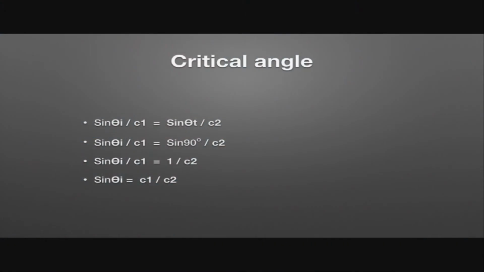To determine exactly what that critical angle is, we're going to use Snell's law again, and change it around a bit so that the sine of the incident angle divided by the propagation speed in the first medium is equal to the sine of the transmitted angle divided by the propagation speed in the second medium. The critical angle exists when the transmission angle is 90 degrees.